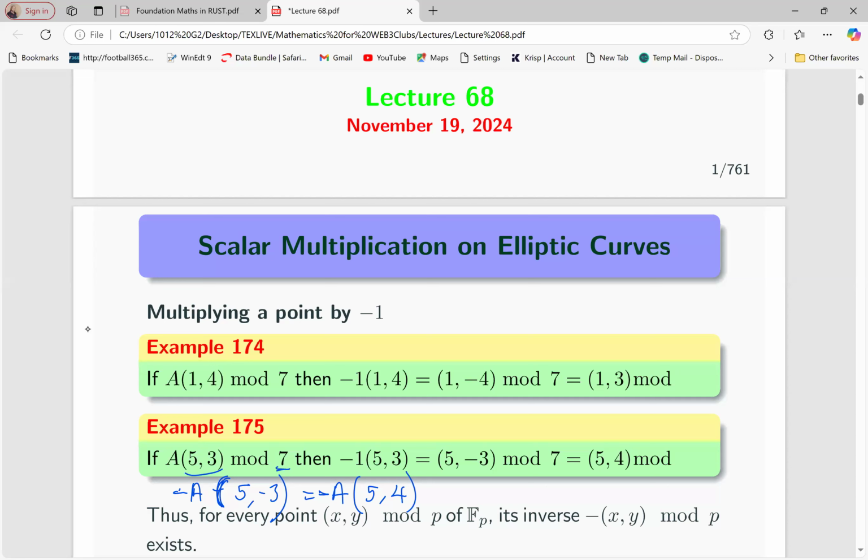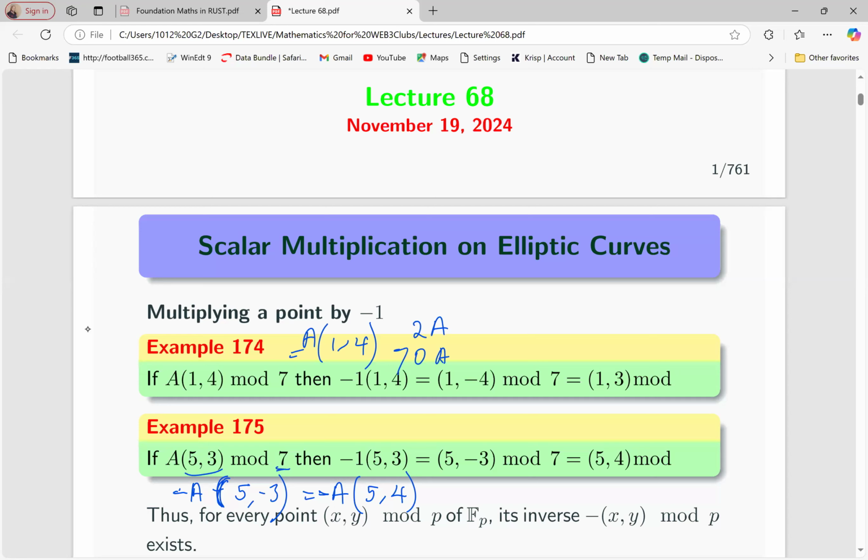So for instance, if I'm given this point A, and I multiply it by 2 to get 2A, this 2A will also be on the elliptic curve. It's one of the points on the elliptic curve. If I multiply it by 70 to get 70A, 70A will still be on the elliptic curve.